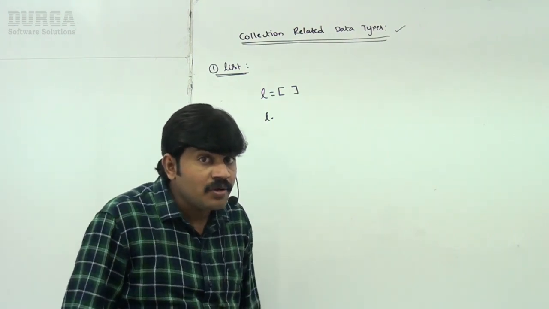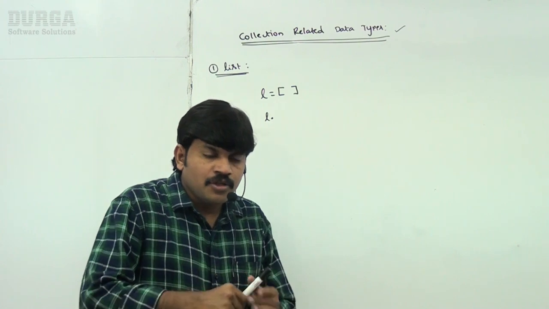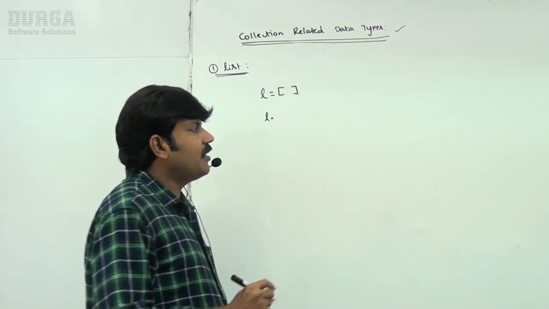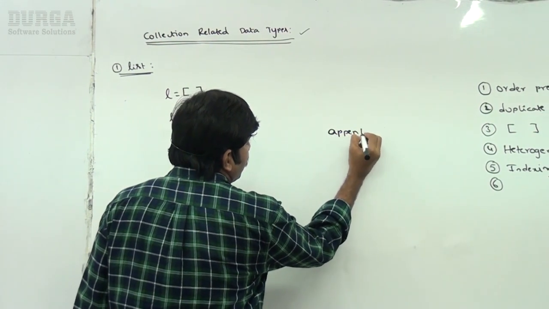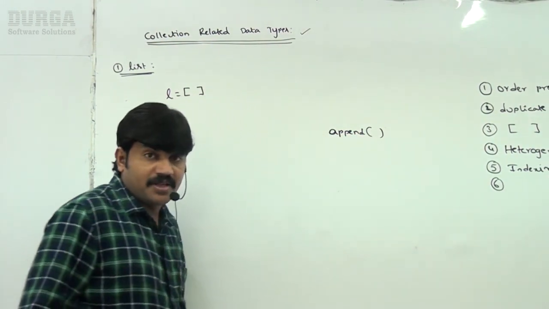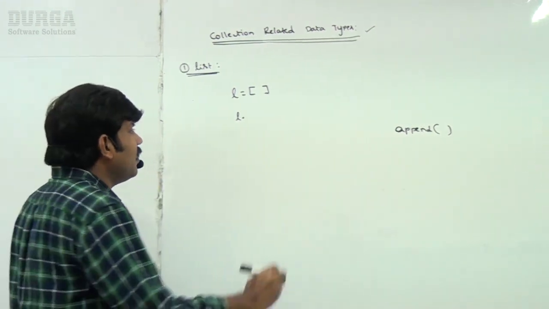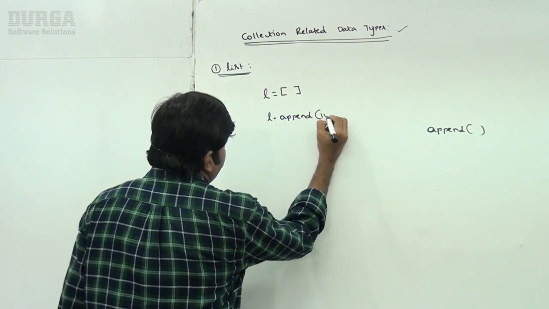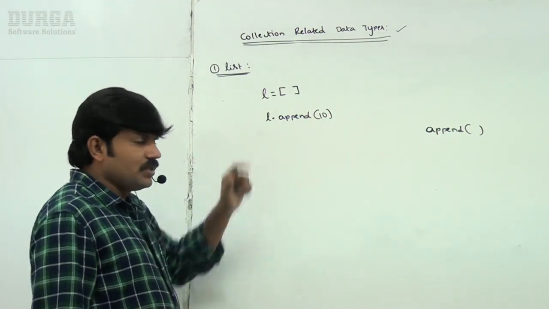Now I want to add an element to this list. If it is a list and you want to add an element, we have to call one method. What is that method, sir? Append. The append method we have to call to add an element to the list. Now observe, L dot append of 10, sir. Now I added 10 to this list.